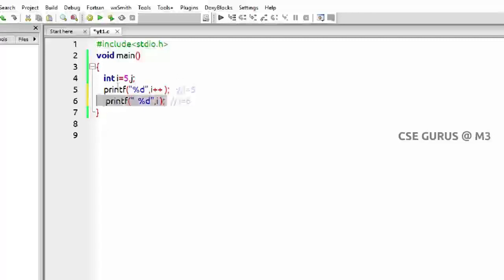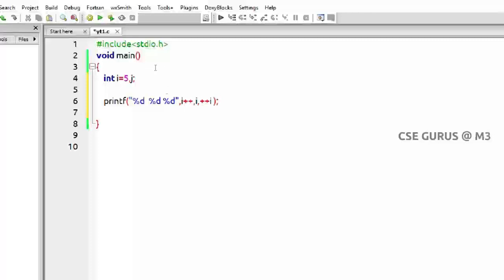Now the next part, what is the output of this one? Some interesting thing. Of course the behavior will be different in different types of compilers. If you use Turbo C, it will be different. If you go for Code::Blocks, it is somewhat different compared to that, and even if you go for an online compiler it will be different, but we'll see how it will be executed.